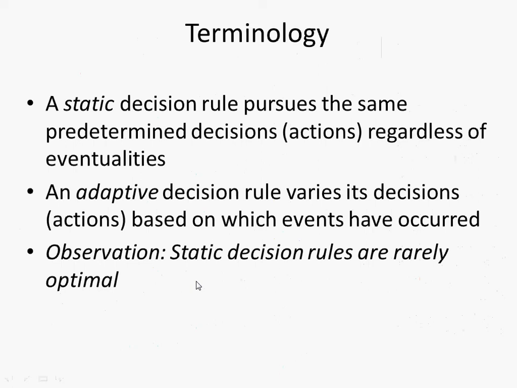So in other words, while static decision rules will get us a certain distance, while pre-planning what we're going to do, no expansion and then expansion, while pre-planning something like that and staying the course will get us a certain amount of benefit on average.